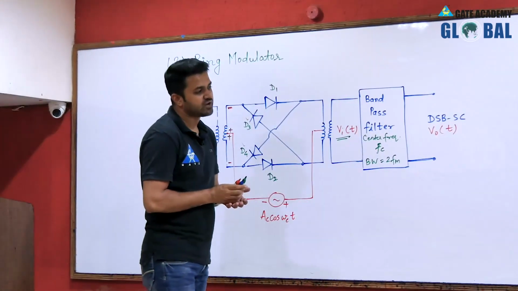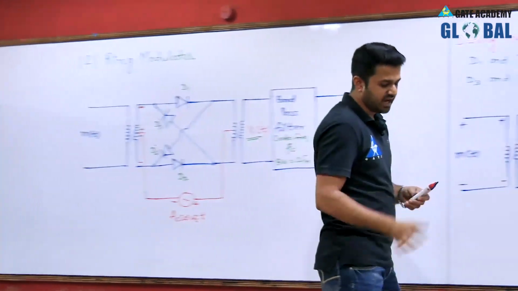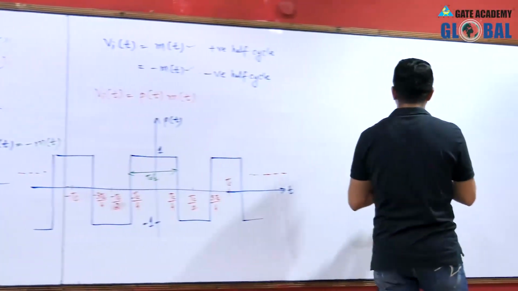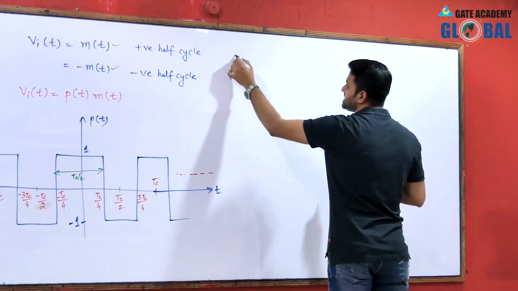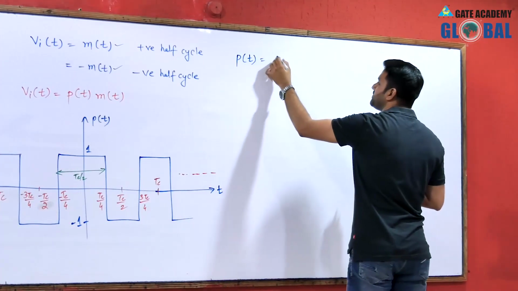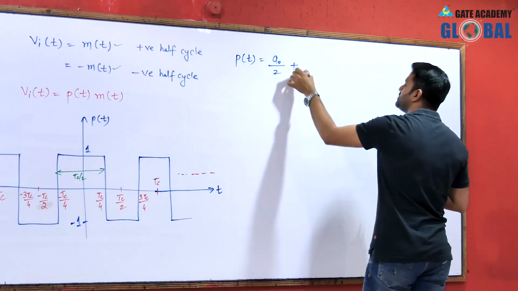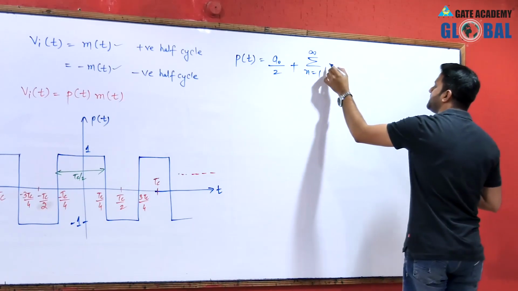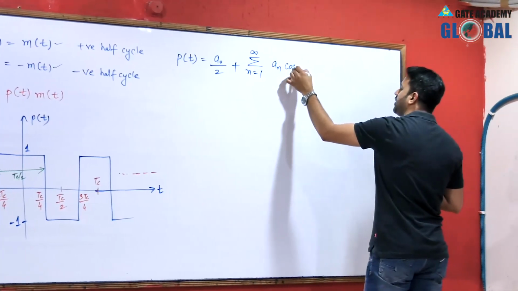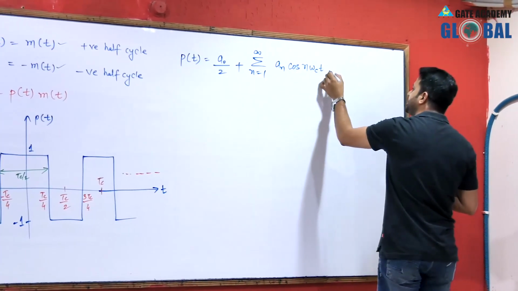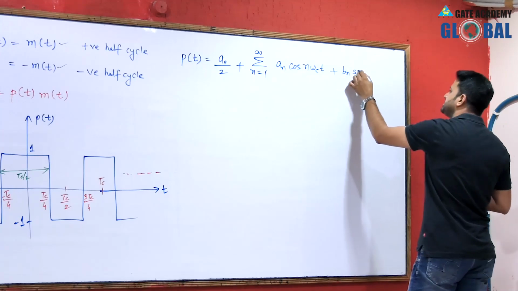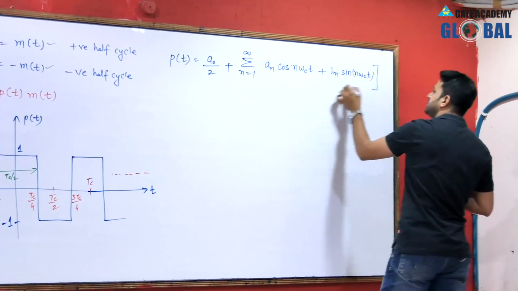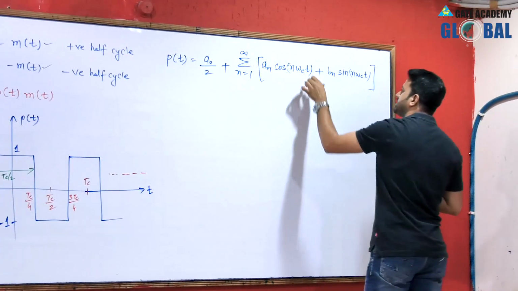So we will calculate the trigonometric Fourier series, which is given by: the periodic signal p(t) is equal to a0/2 plus summation n equal to 1 to infinity of a_n cos(n omega_c t) plus b_n sin(n omega_c t).